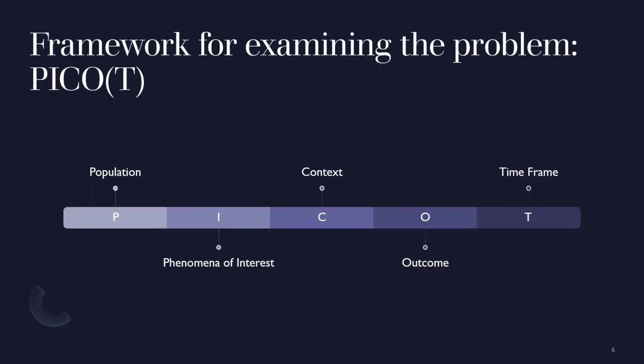So the framework that is proposed in the text and what is used to examine the problem is this PICO framework, and this is what your assignment this week is on, to organize the way that you examine the problem.